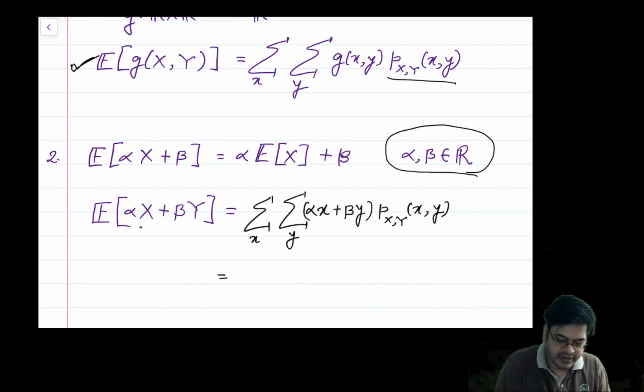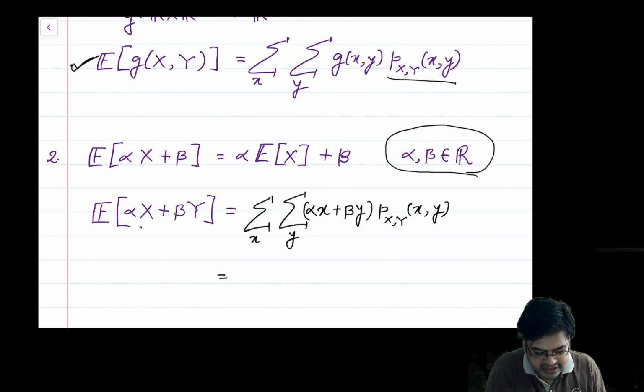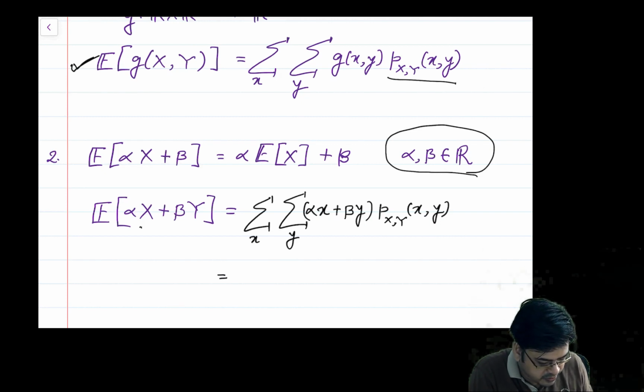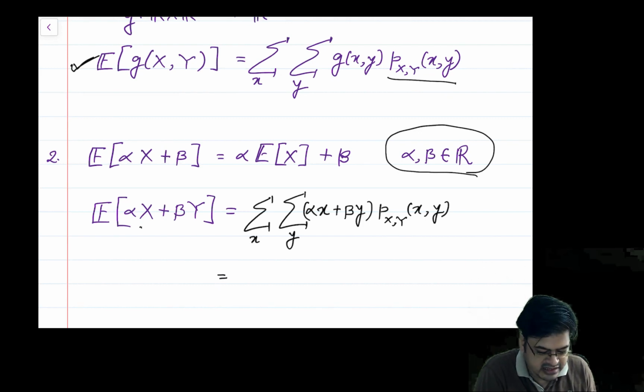Now the interesting part is, because this is a linear function, I can split it at the addition sign. Therefore I will split this into two parts. I will skip one step, so I will tell this orally.